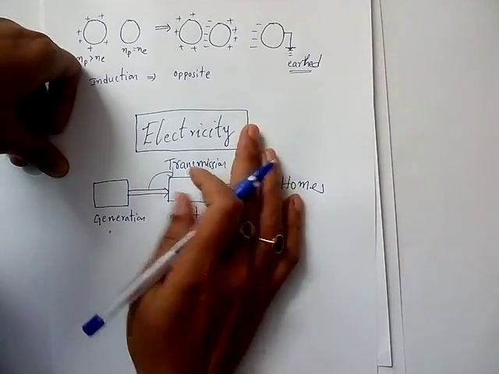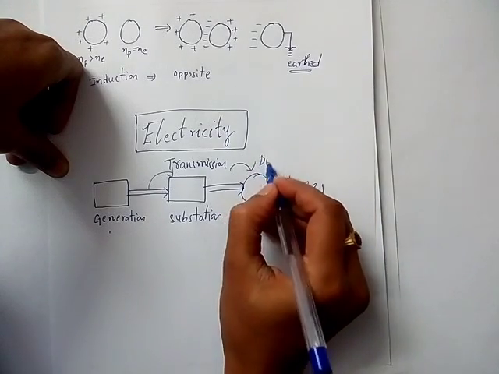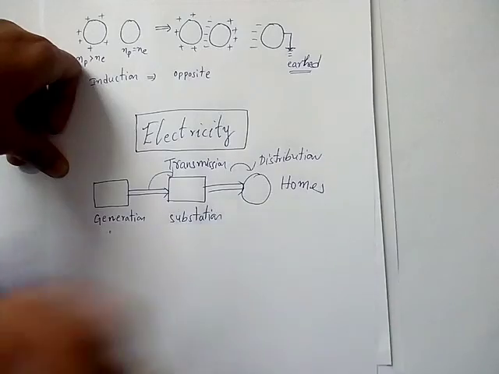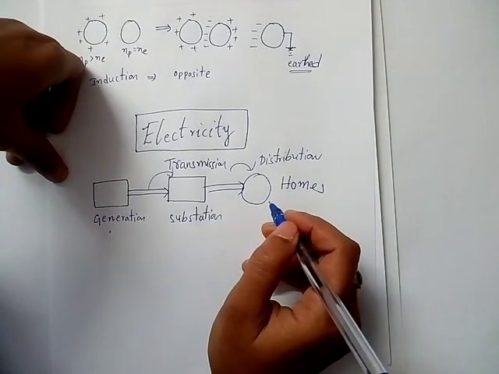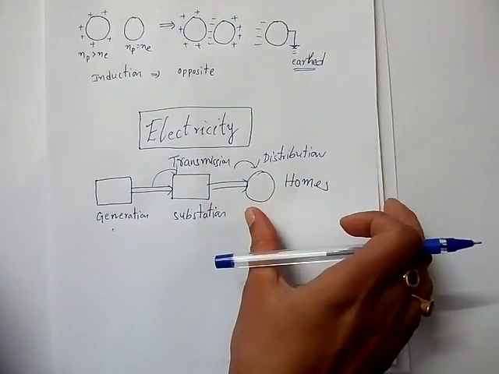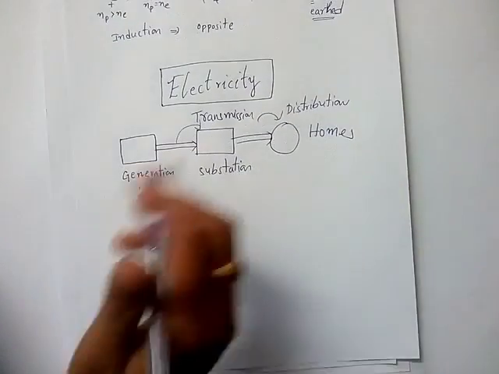I am just taking transmission. From transmission it is coming to homes, that is distribution. In homes we use this electricity for all our necessities. Nowadays for everything we have machines and all these machines work on electricity only.